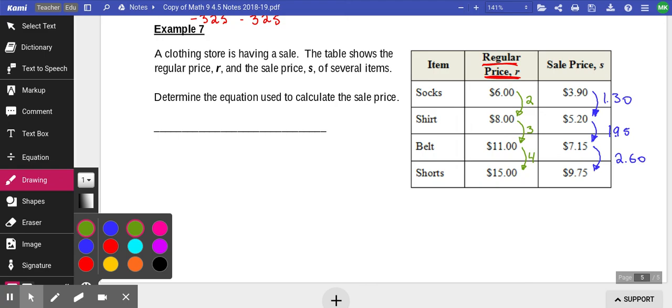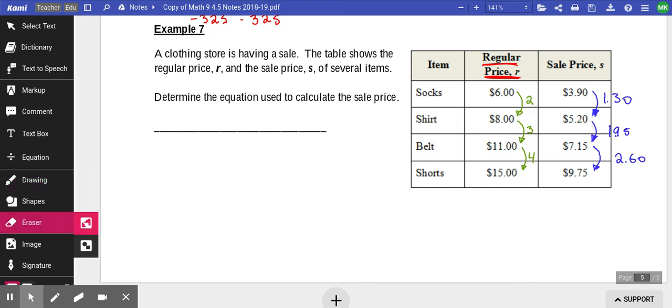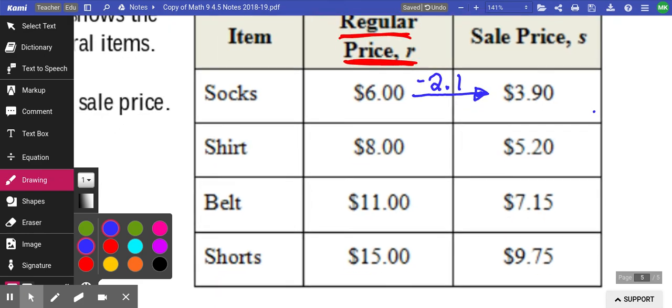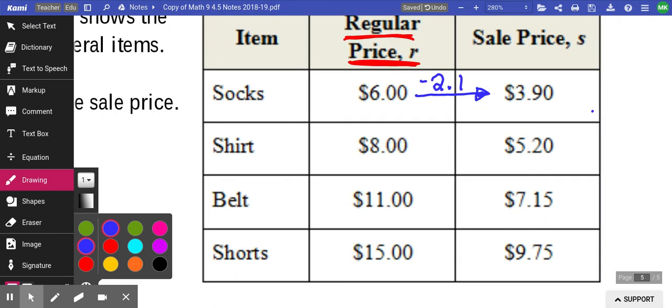So for instance, if I looked at my regular and sale price of the first item, what are we doing, socks? I would figure out how much the price has gone down. In this case, the price has gone down $2.10. It's hard to see. There we go. Zoom in a little bit. Better? It's decreased $2.10.